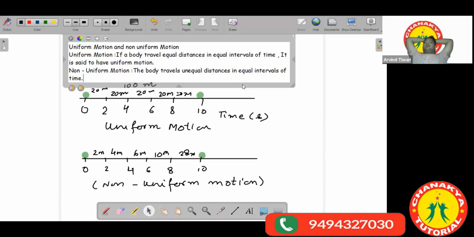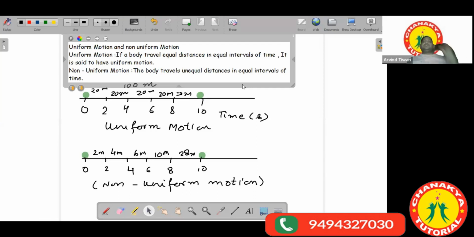What about a car moving through traffic? If you observe a car moving through traffic, what type of motion does it possess, uniform or non-uniform?